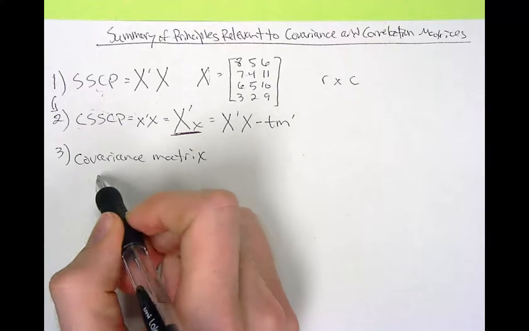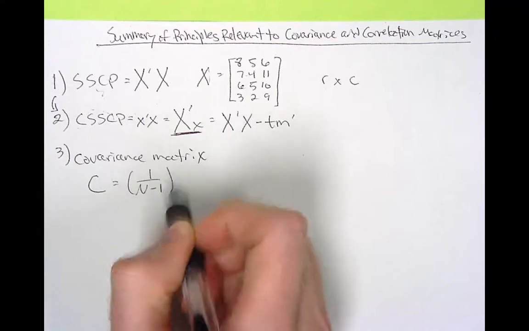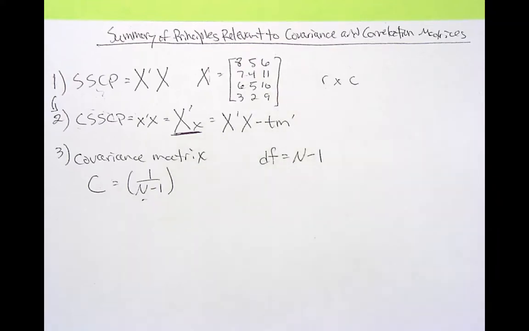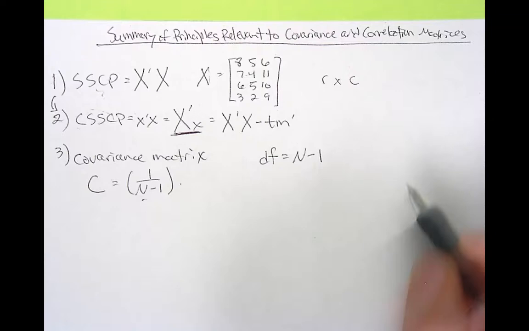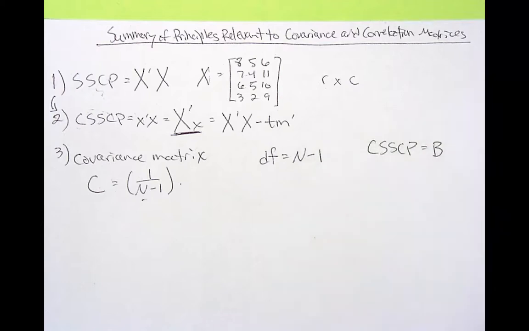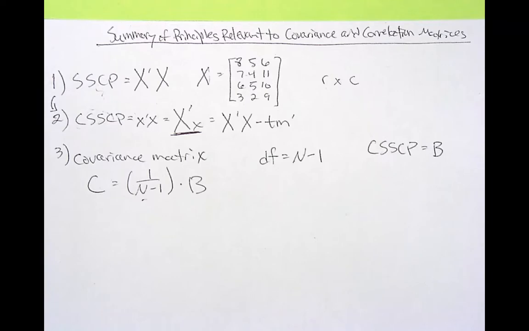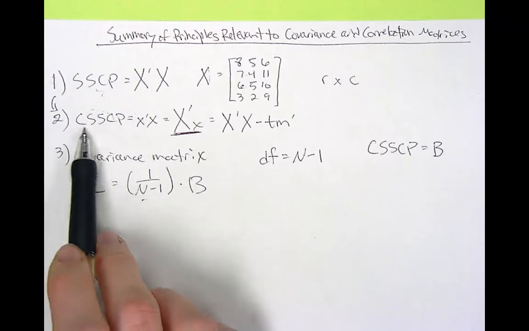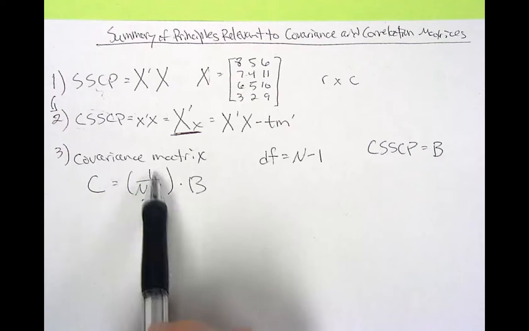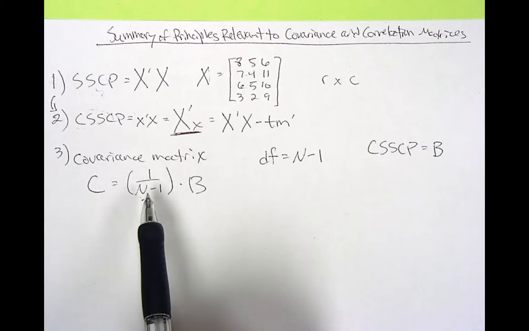So we denote the covariance matrix with C, and it's basically 1 over n minus 1, where remember n is our observations, and we know that degrees of freedom is n minus 1, times the CSSCP, which just to make it short we're going to call B. So basically, once again, you take the centered sums of squares and cross products and divide by the degrees of freedom, or multiply, since we're working with matrices and you can't divide by a matrix, you have to multiply by the inverse.